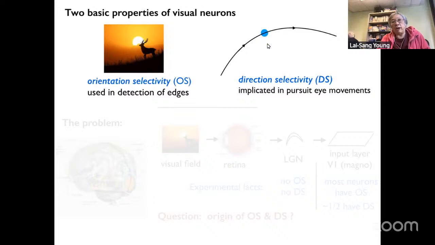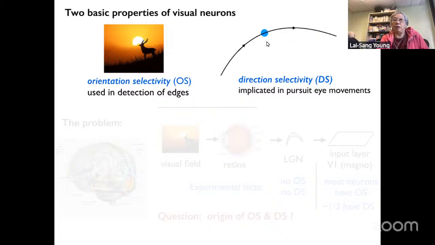So when you try to track an object, you always try to put your strongest point where the object is. But by the time you put it there, the object has moved here. And if you then start to look for, oh, where is it, and then you find it here, it's too late because it's again moved on.